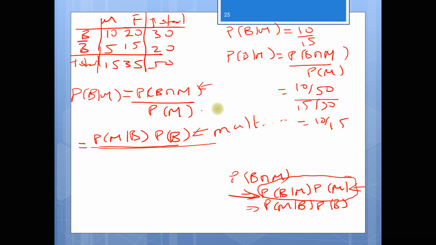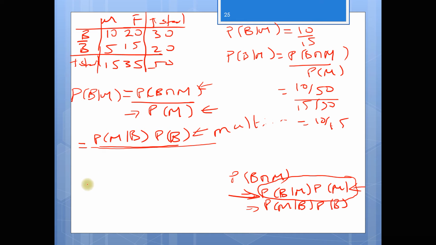But what shall we do here? I'm sure that many of you would think about it already. For this marginal probability, if I apply the multiplication rule in the numerator, now what rule can I apply for the denominator? I can apply the total probability theorem for the denominator.